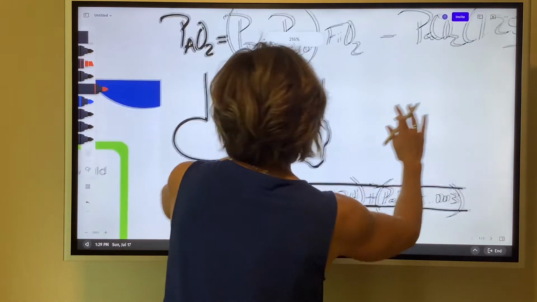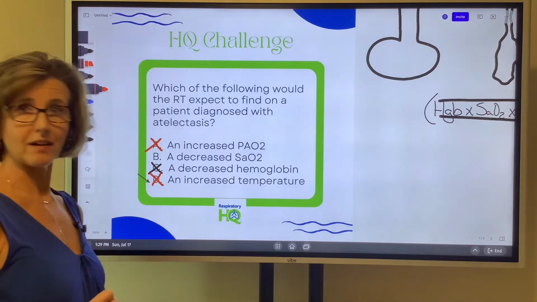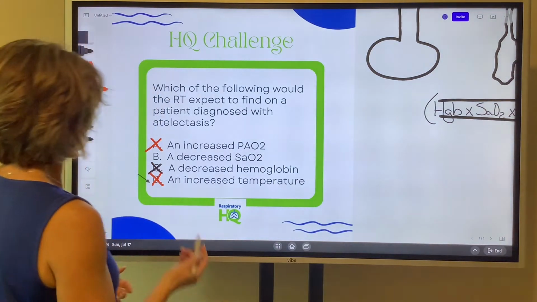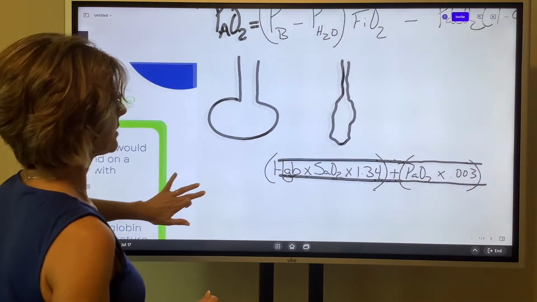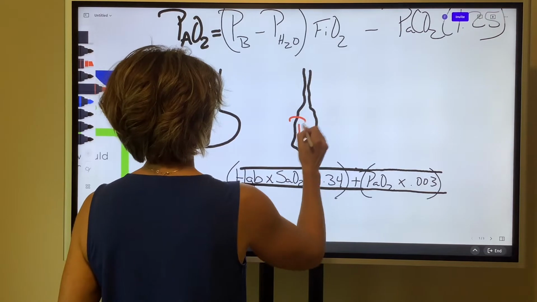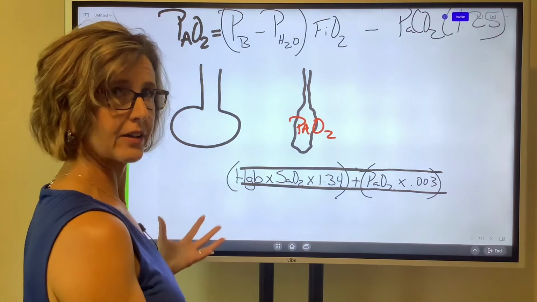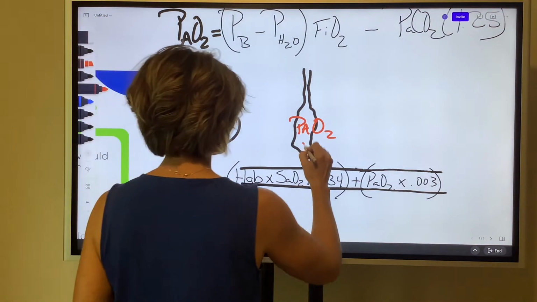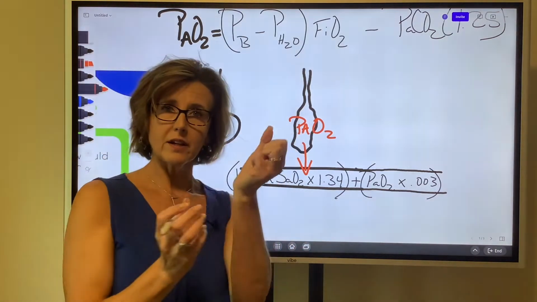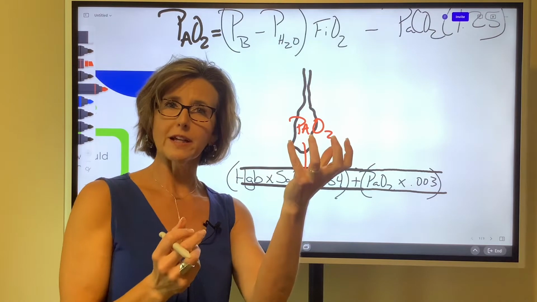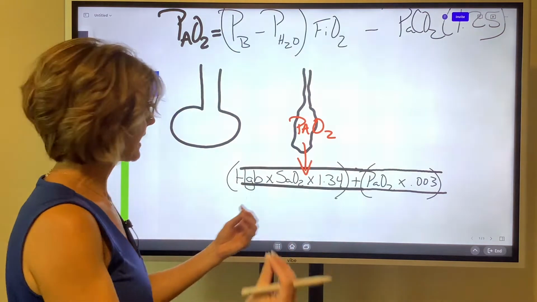So that PAO2 is not even an option here. So what the answer has to be then is a decrease in saturation, and that is absolutely right. Whatever oxygen is calculated to be in the lung, and this is an overall lung calculation for PAO2, that oxygen is driven into the pulmonary capillary bed. But when we have a section of the lung that is either collapsed or not fully expanded, we don't have surface area for oxygen to diffuse across the AC membrane.